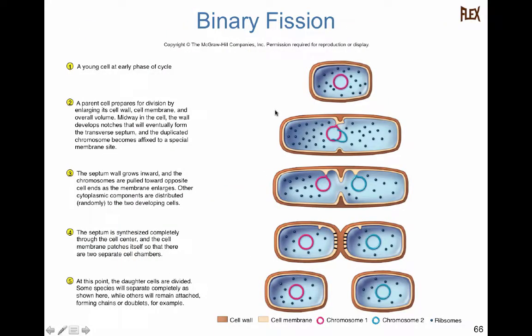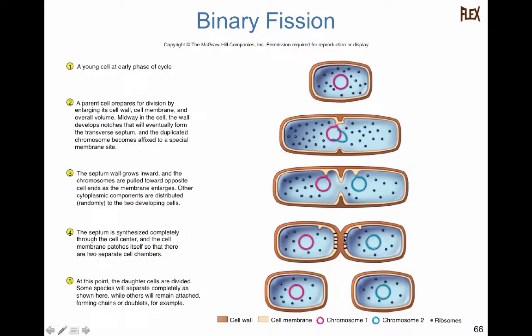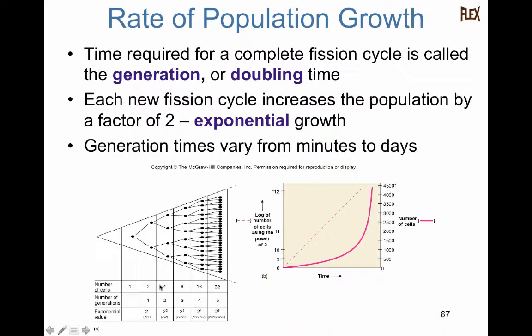So that picture I showed you was this stage of it, right? We're almost ready to divide into two new cells. But before that, in this process of binary fission in bacteria, the chromosome will replicate, the cell enlarges and separates into a whole new cell, and then you have the daughter cells that will divide.